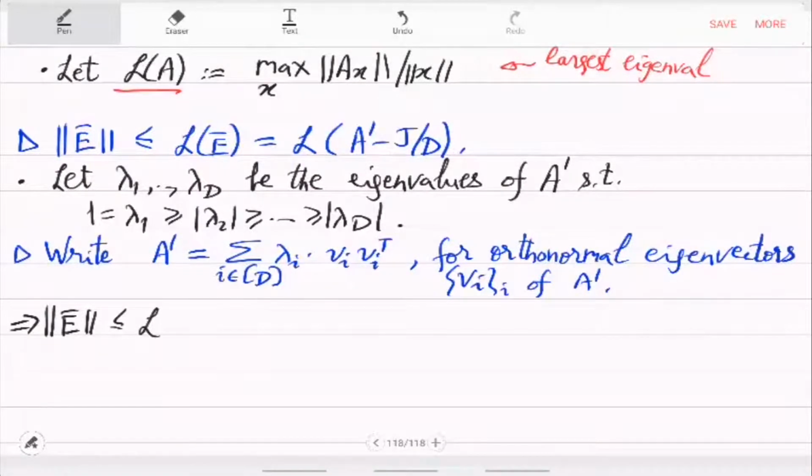So A prime minus J by D. Now notice that V1 is just all coordinates 1 over square root D, right. So V1 V1 transpose is actually J by D and lambda 1 is 1.